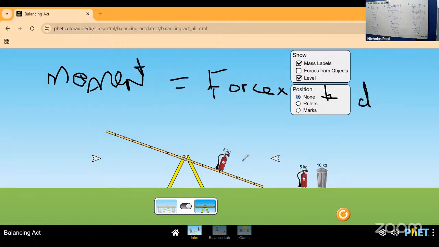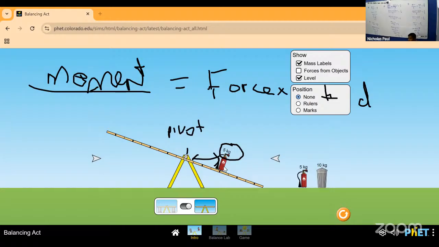It means that if we take this force and multiply it by the distance from the middle here, which we call the pivot, we will get a moment. That simply means that the further away we go, the bigger the moment.